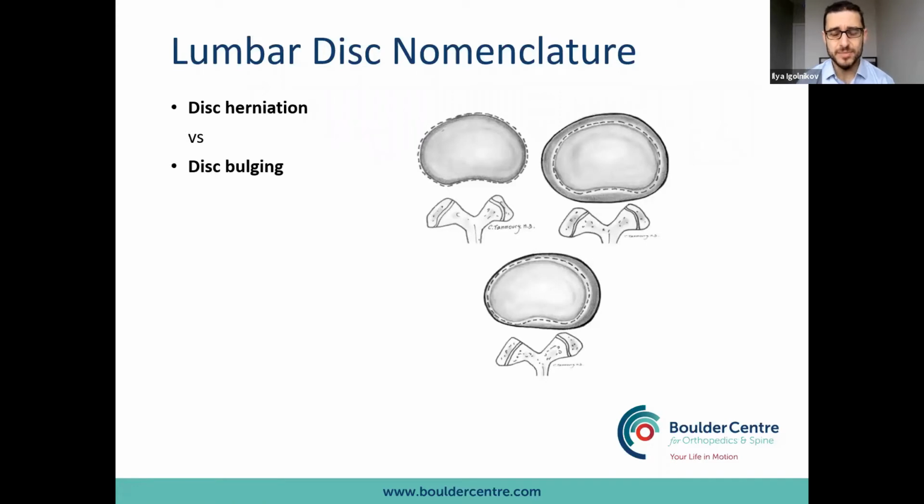Now I see a lot of patients that come in and they talk about having a disc herniation or a disc bulge, and I think it's really important to properly define these terms. So a disc bulge, as we see here, is any sort of really circumferential flattening.